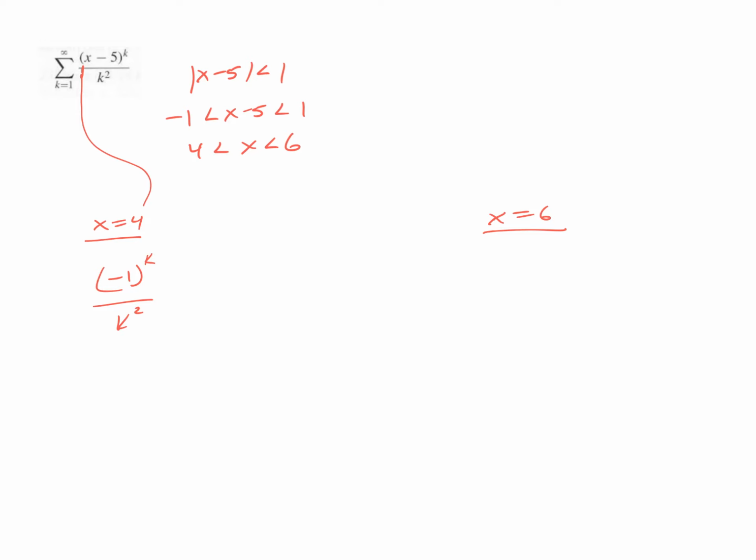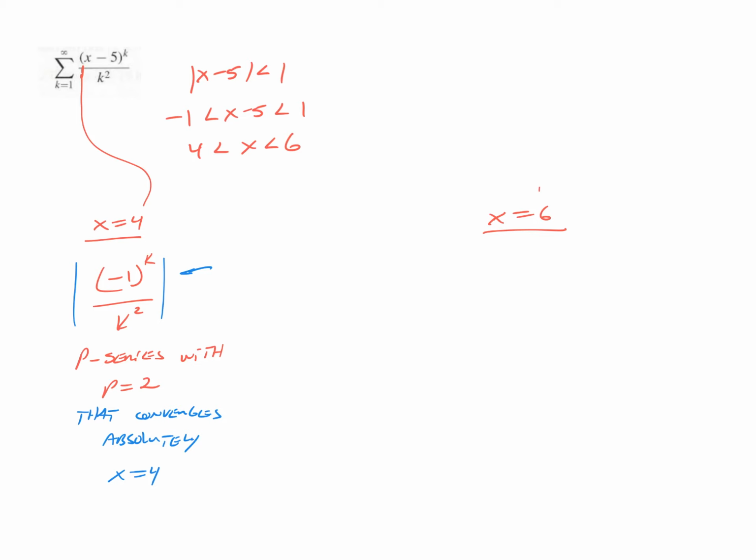I can't really say it's an alternating p series, but I know this is a p series with p equal to 2, which I know converges, and I know it's alternating here because of this oscillating factor. Well, if I absolute value it, I know that converges absolutely, which makes it convergent.